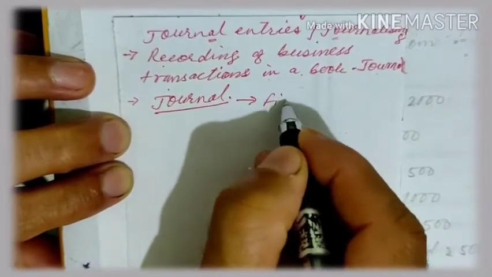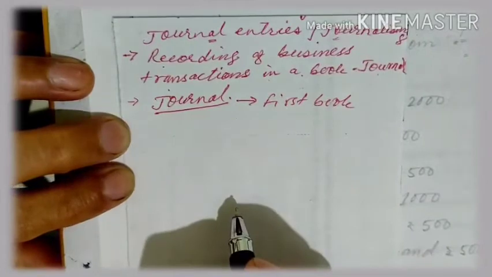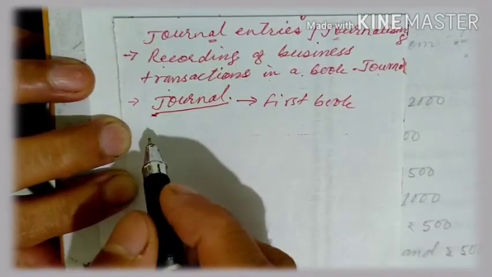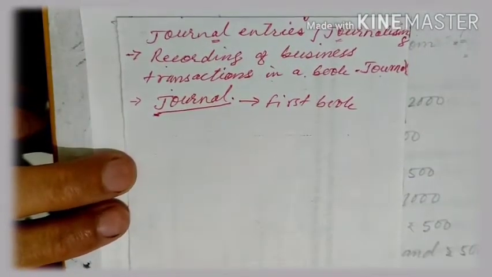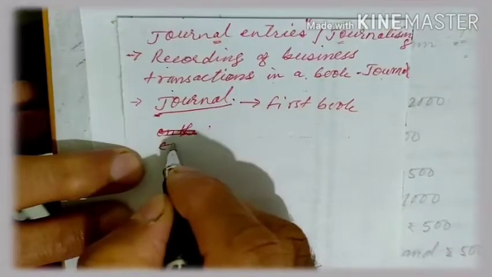It is the first book in which all the business transactions are recorded. In this book, the journal, transactions are maintained on a daily basis and in chronological order. That means in order of date.